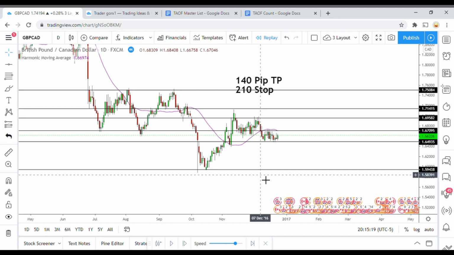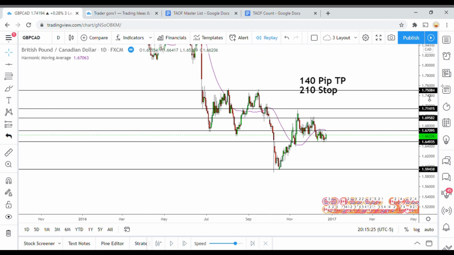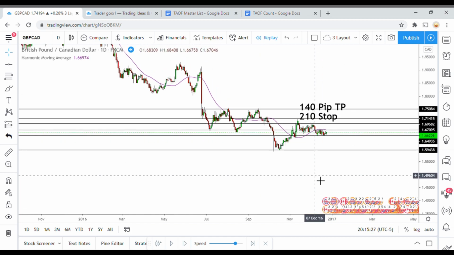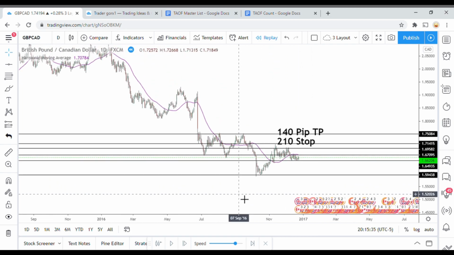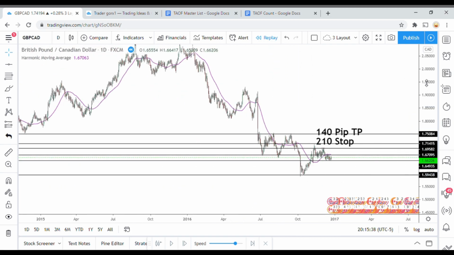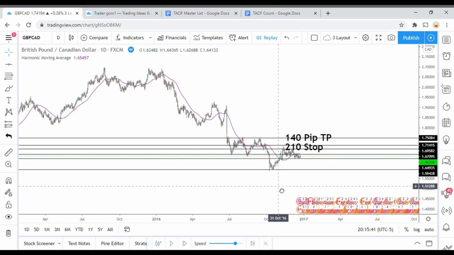And so that can cause some areas where you think that price action might have some kind of reaction to it, but it's kind of a useless area, more or less. And so you have to be cautious when doing that.